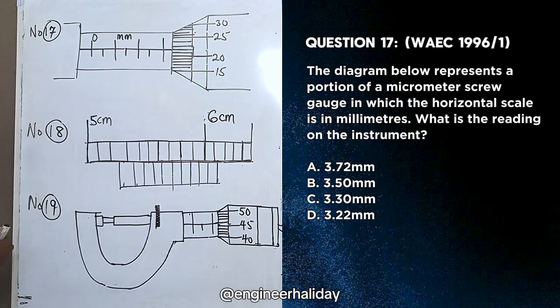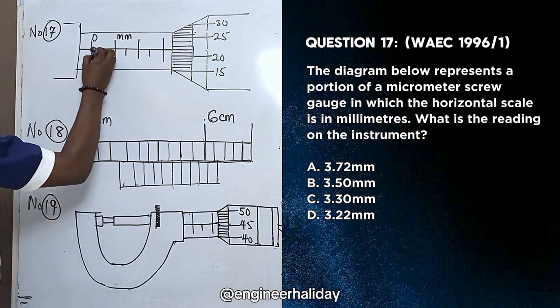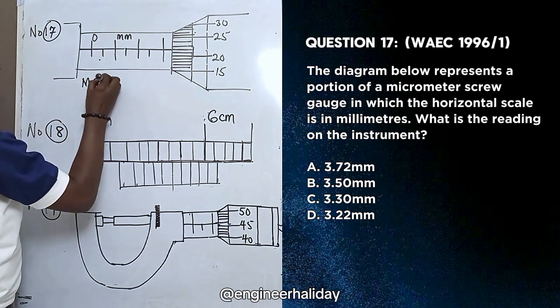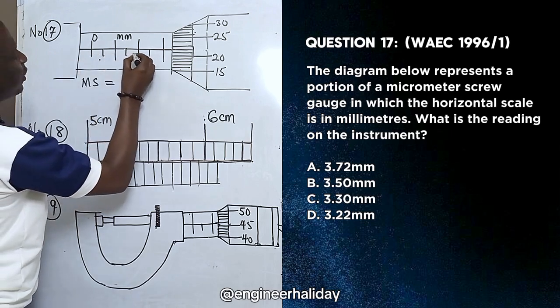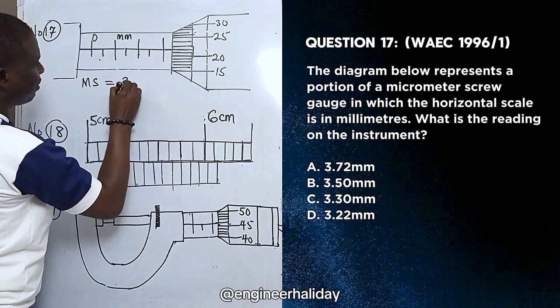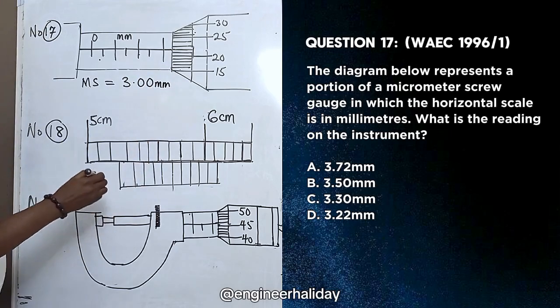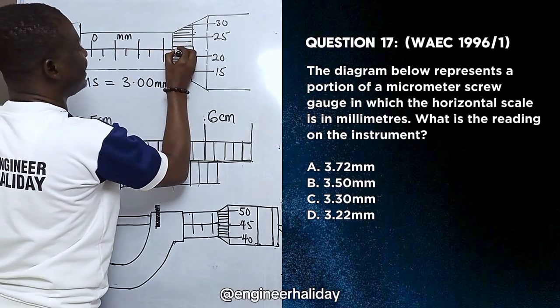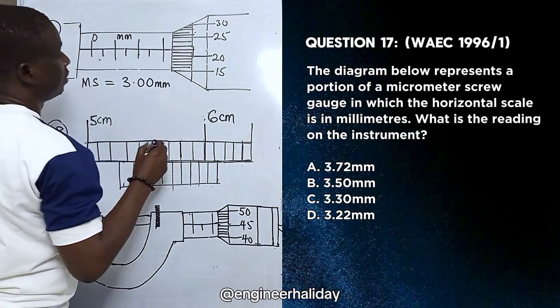What we're going to do is very simple. We count the main scale: 0, 0.5, 1.0, 1.5, 2.0, 2.5, and this one has 3.00 mm. Now we look at the line where it intersects, which is at number 22.